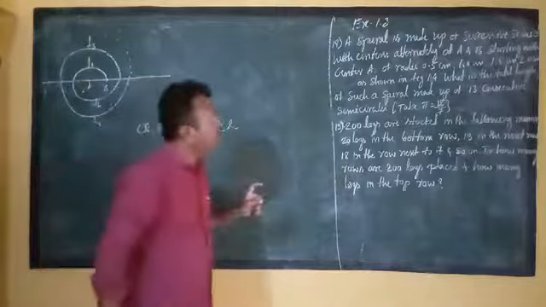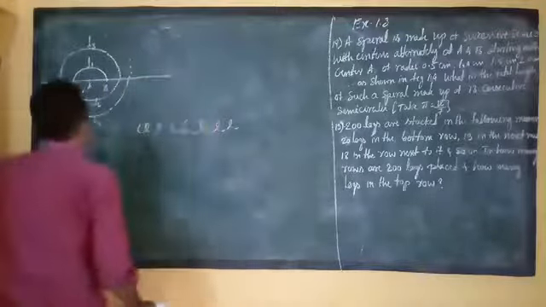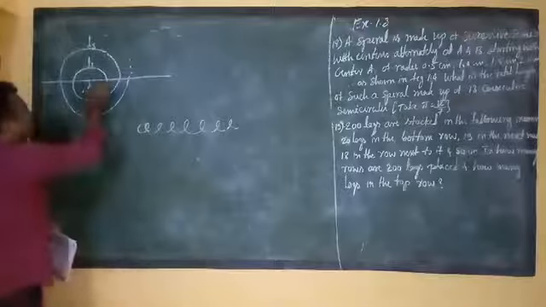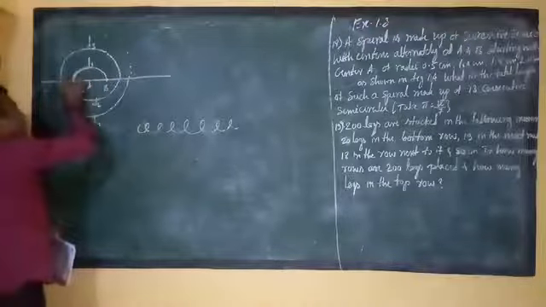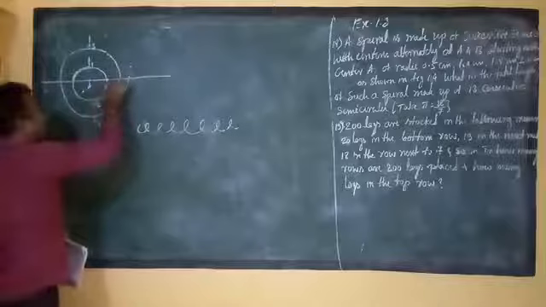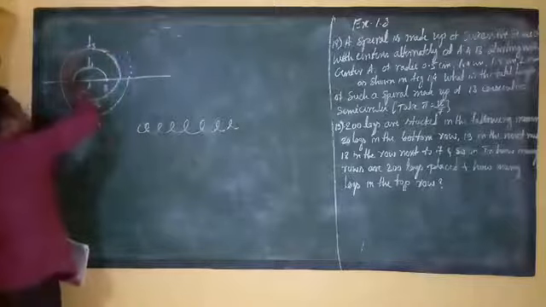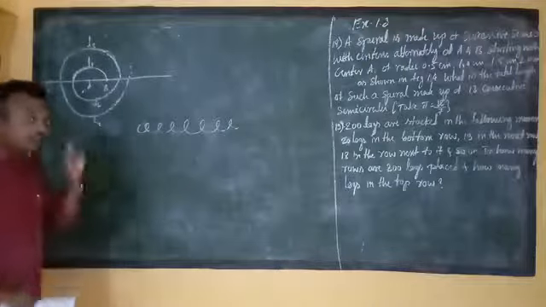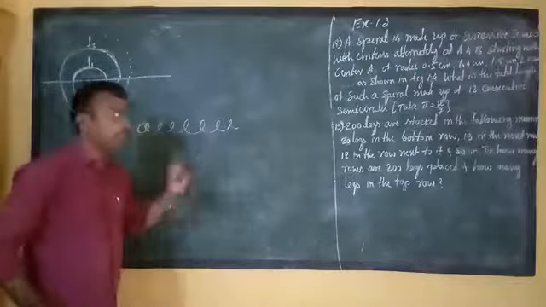The spiral is made up of successive semicircles. Here the spiral is made up of semicircles. See here, the first one becomes a semicircle, and the second one is also a semicircle. Third one is also a semicircle, and the fourth one is also a semicircle. Every part of the spiral is made up of semicircles.